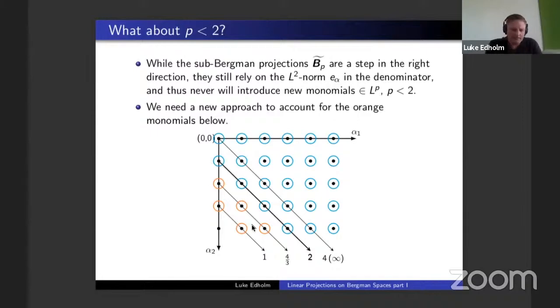And if we're going to do that, we have to move away from L^2 for the following reason. It's a step in the right direction, but these things rely on the L^2 norm of this monomial in the denominator.